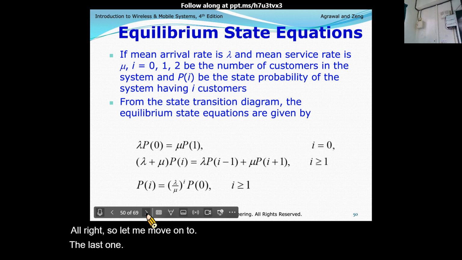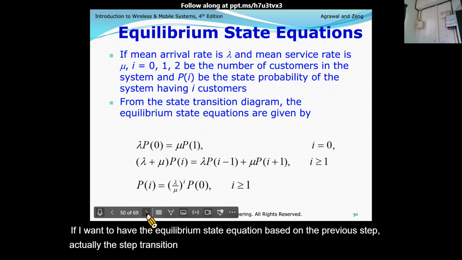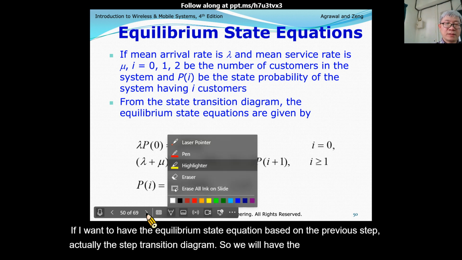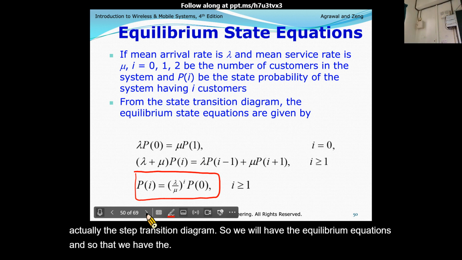In fact, we want to have the equilibrium state equation based on the previous step, actually the state transition diagram. So we will have the equilibrium equations, and so that we have the form, this one. Oh, we want to have a probability here.